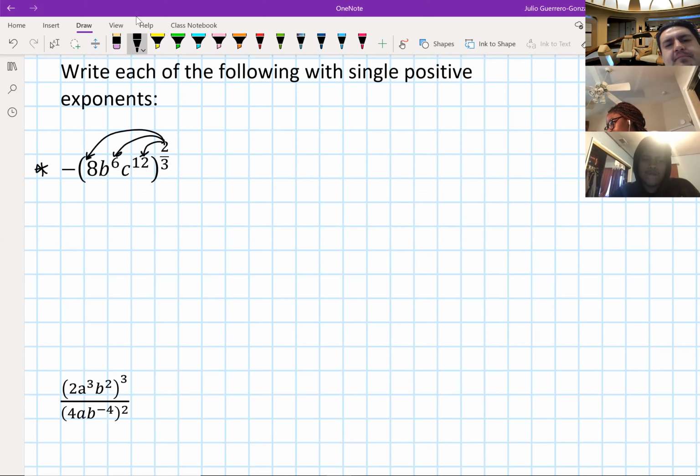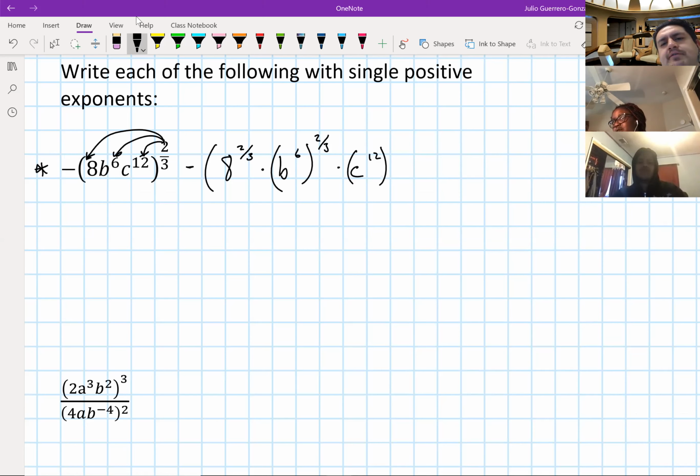So I'm going to have something that looks like negative 8 to the 2/3 times b to the 6th to the 2/3 times c to the 12th to the 2/3.